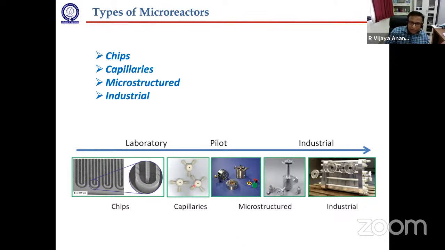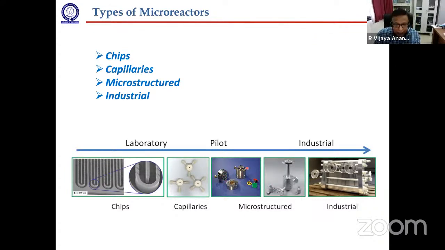According to the nature of the reaction, for multi-component reactions, you can attach more inlets here. In pilot plants, generally we use microstructured microreactors. This is a cross section of that, and you can see the small channels here where the reaction takes place.